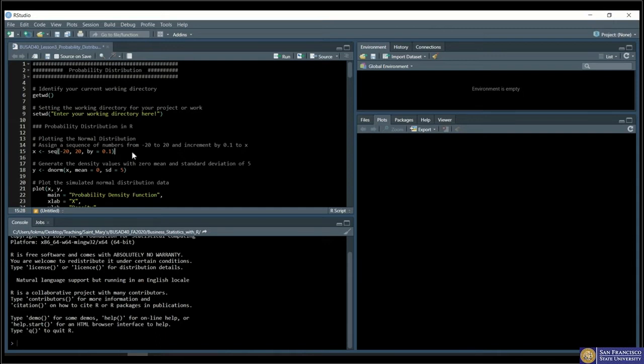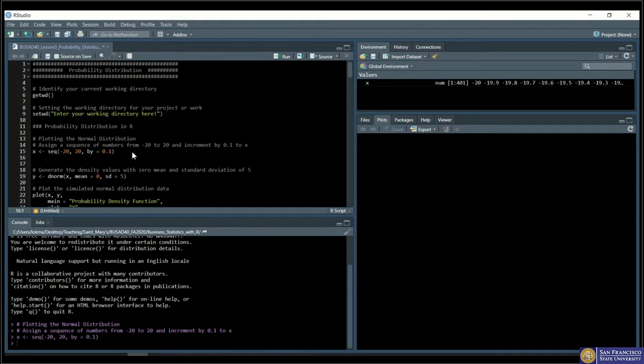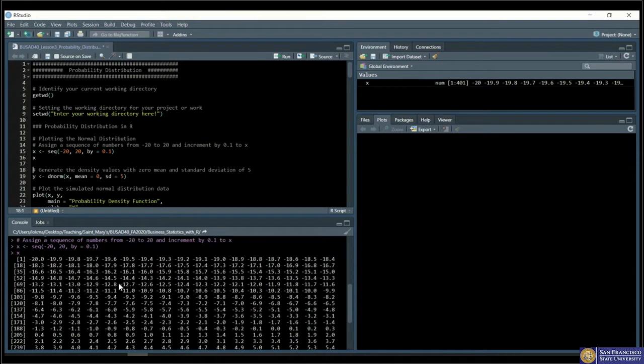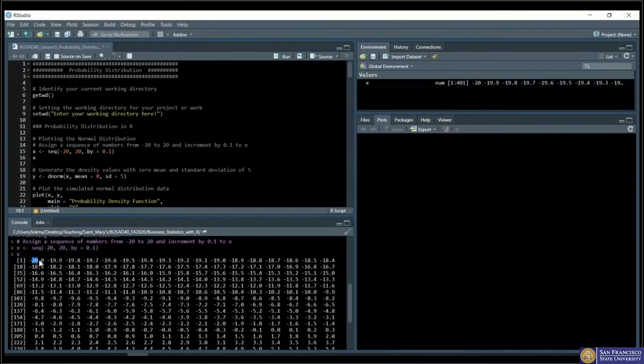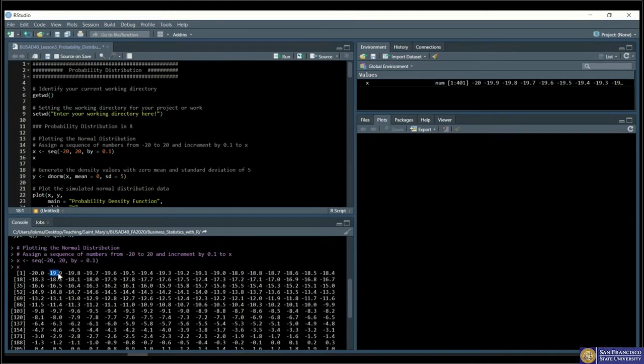Let's run this. If you're confused about how the x actually looks, you can always print it out. As you can see, it goes from -20, the minimum value, all the way up to 20, and every number in this sequence increments by 0.1.